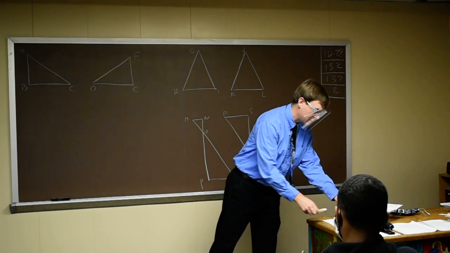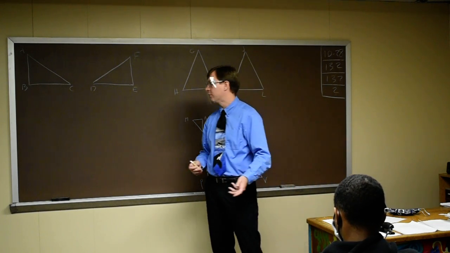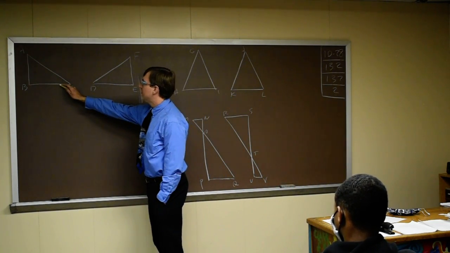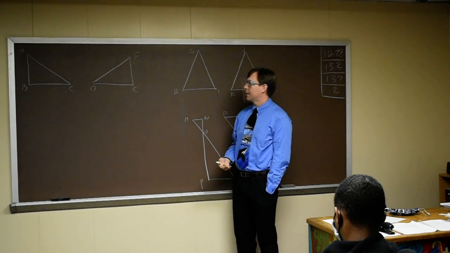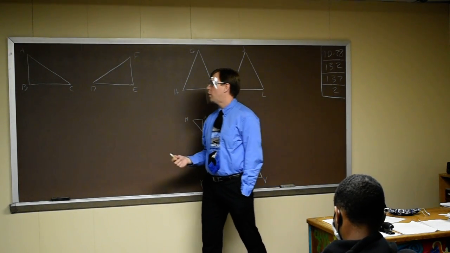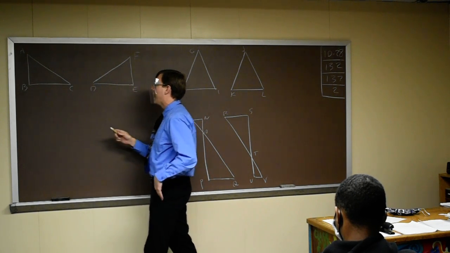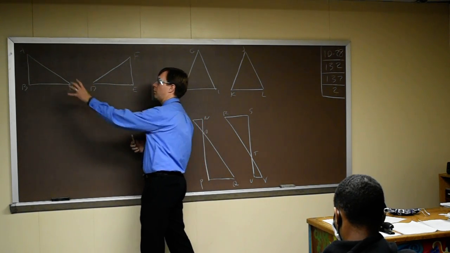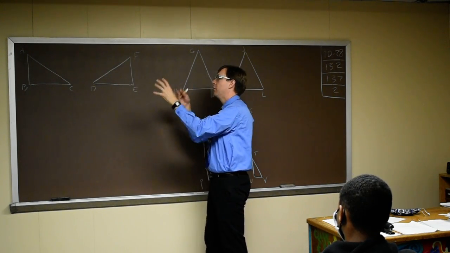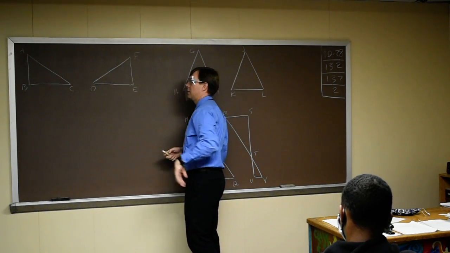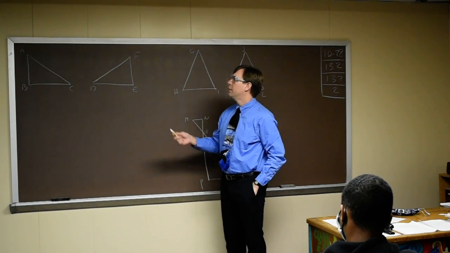So let me do this on the board, and then we'll go from there. These 2 triangles are congruent. They're the exact same size and shape. If they were handleable figures, I could pick this one up, spin it around, and set it exactly on top of the other one.